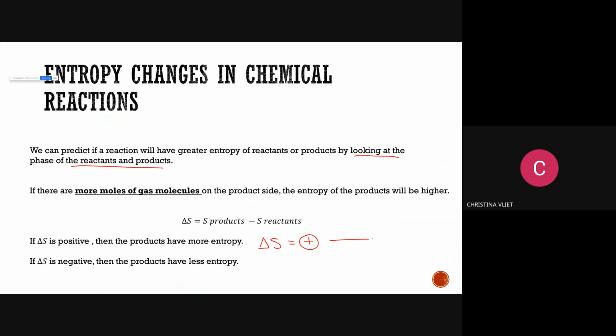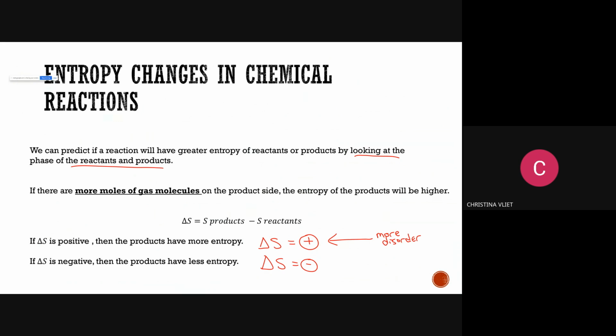So a positive sign, and this is where signs become relevant and important. Cambridge will also ask you to predict signs of reactions. A positive entropy means the reaction results in more disorder at the end; the products have more entropy. If delta S is negative, this can only happen because, remember, your S values are all positive.